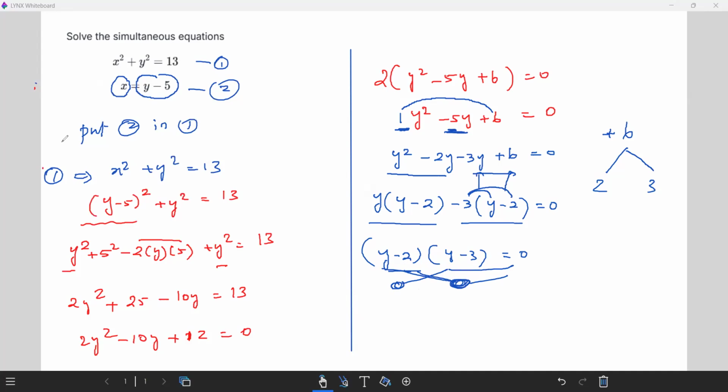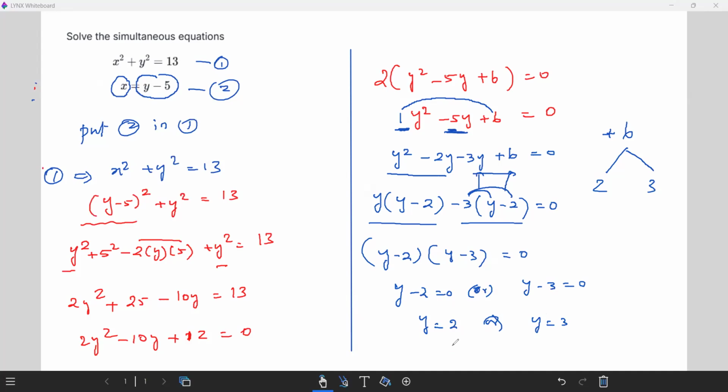So we can say y minus 2 equal to 0 or y minus 3 equal to 0. So y equals 2, or y equals 3. Now we found out what y is.